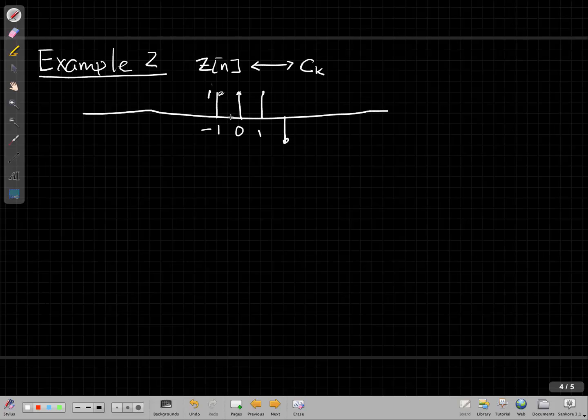So it's still 1 from minus 1, 0, and 1, but then the next three samples, it's minus 1. So 2, 3, 4, it goes to minus 1. And then 5, 6, and 7, it goes back up again.